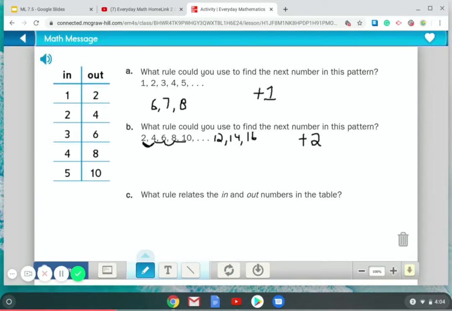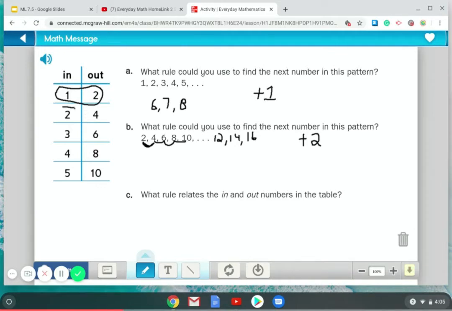Now finally, C, what rule relates the in and out numbers in the table? As we had in our vocabulary review, we can see that 1 and 2 are corresponding. They are in the same horizontal position. So that suggests there is a relationship. 1 and 2. We can see that to get the 2 from 1, you would have to add 1.